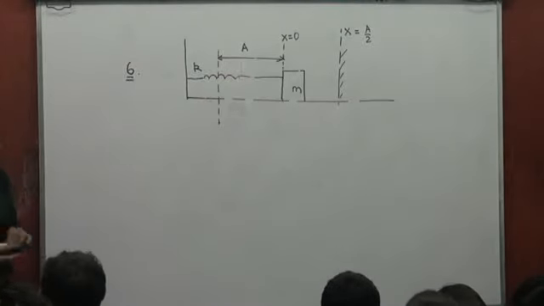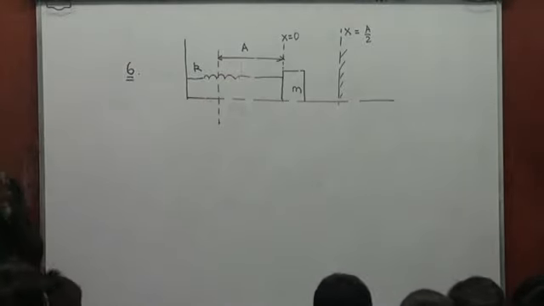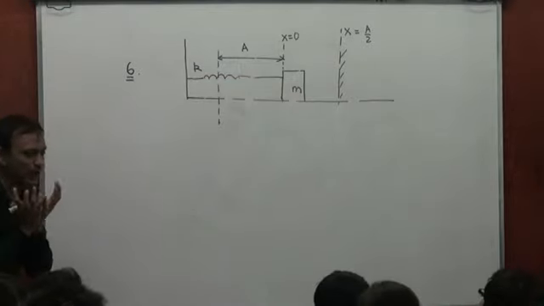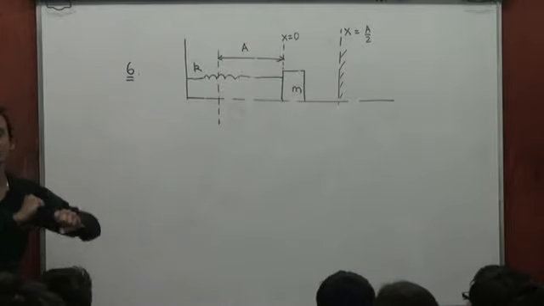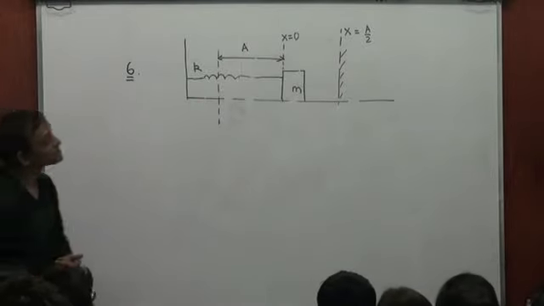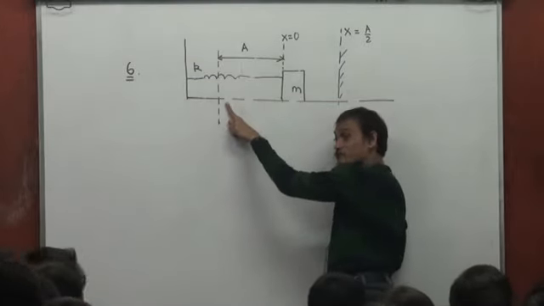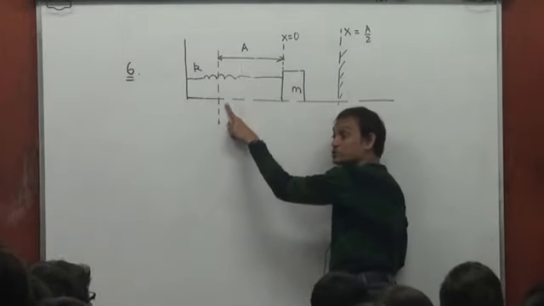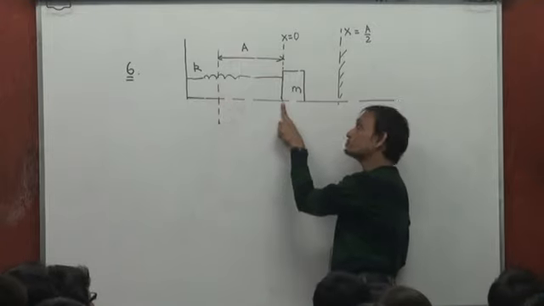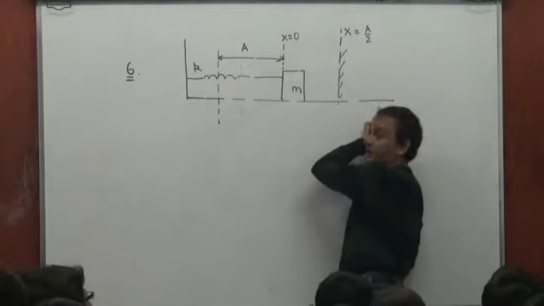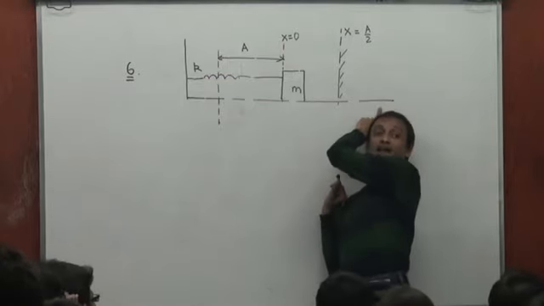Now, the motion fundamentally would still be simple harmonic, but a truncated and curtailed simple harmonic motion. In the sense that this particle would go to the leftmost extreme, A units, the amplitude position. This is its mean position, and had the wall not been there, it would have liked to go all the way A units to the right.